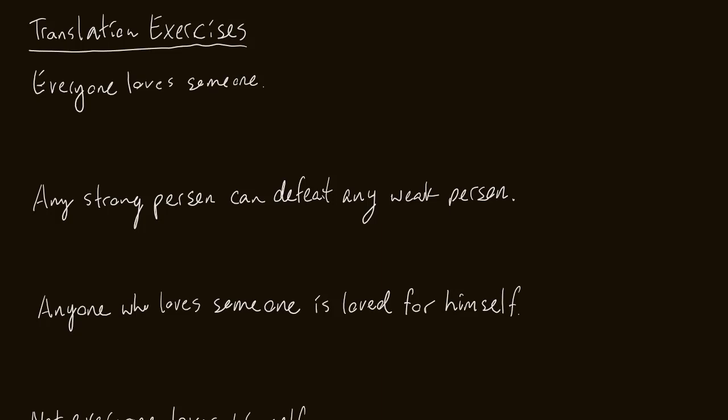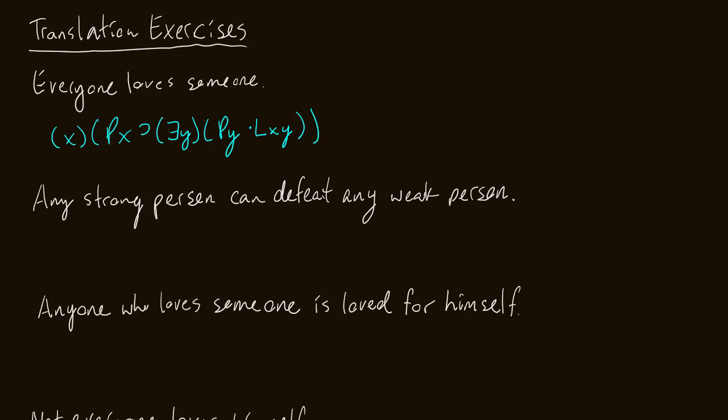I said, for all x, if x is a person, then there exists a y such that y is a person, and that's what our P will mean, is a person. Y is a person, and x loves y. So we'll write L(x, y).